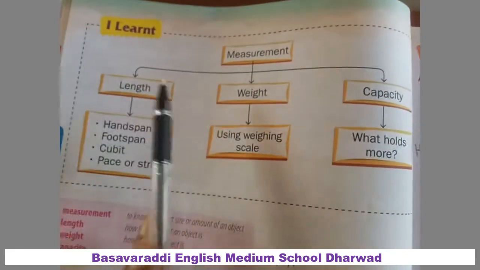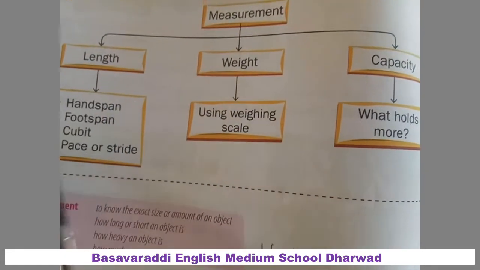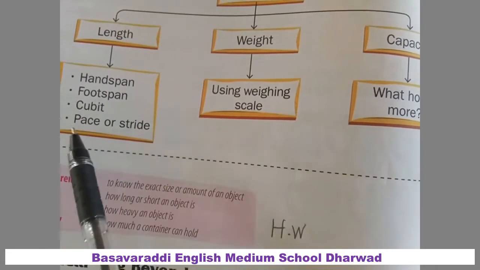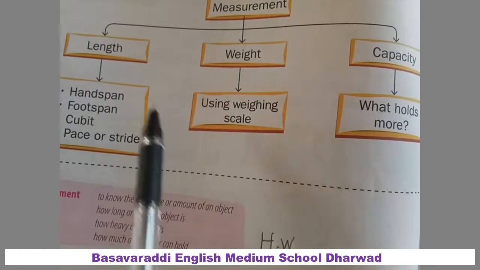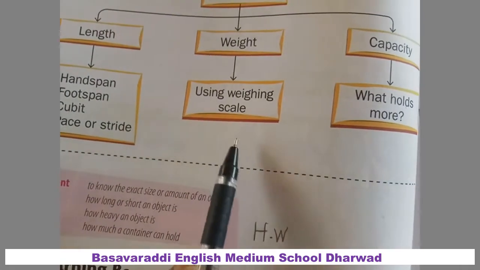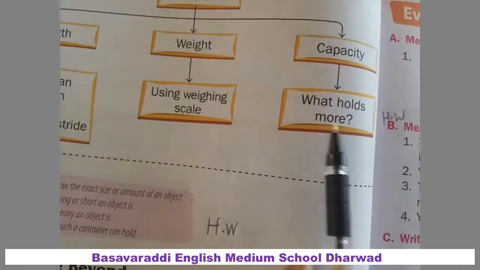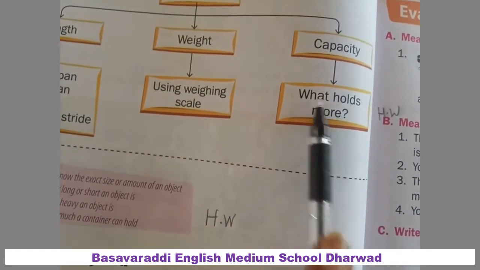I learnt. What did you learn here? Measurement. Length means what? Hand span, foot span, cubit and pace or a stride. Weight, how are you measuring? Using the weighing scale. Capacity means measuring what holds more.